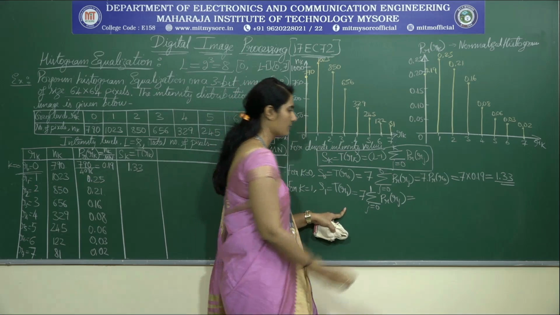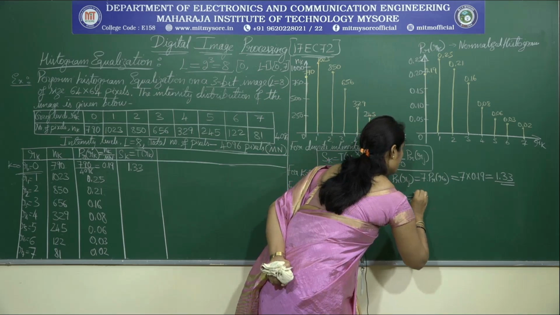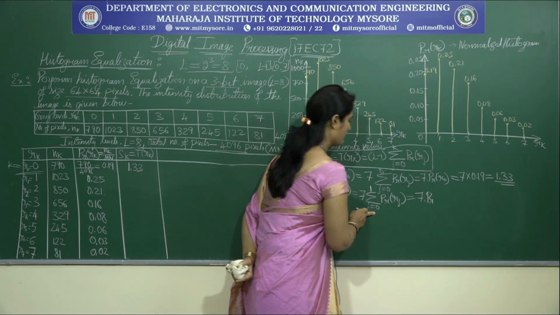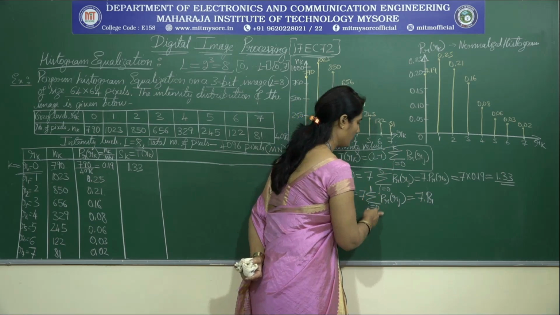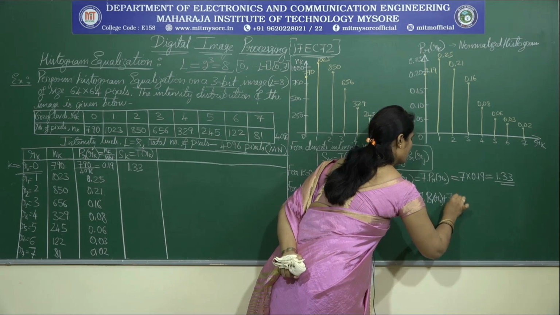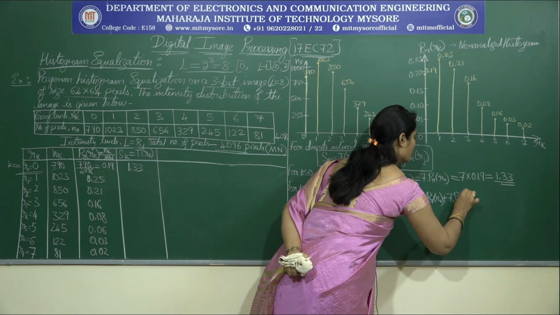So which is equal to, here j varies from 0 to 1. So 7 into PR of R0 plus 7 into PR of R1.